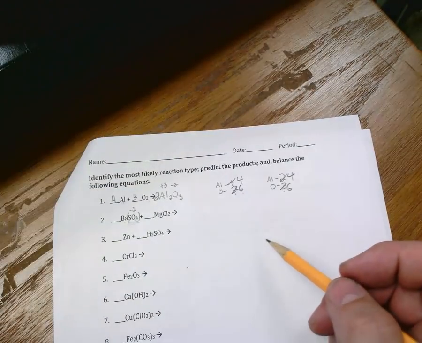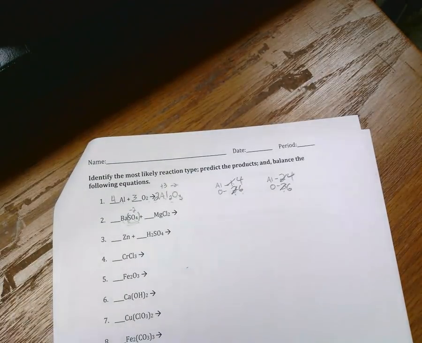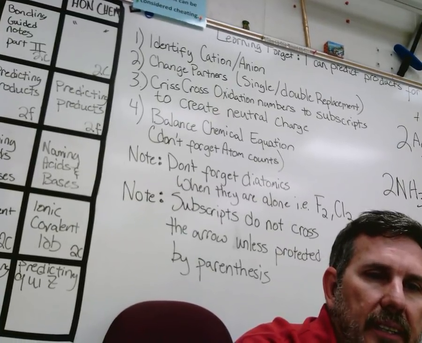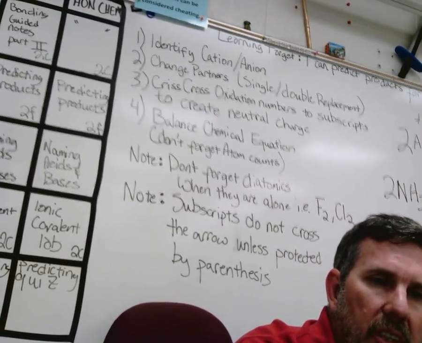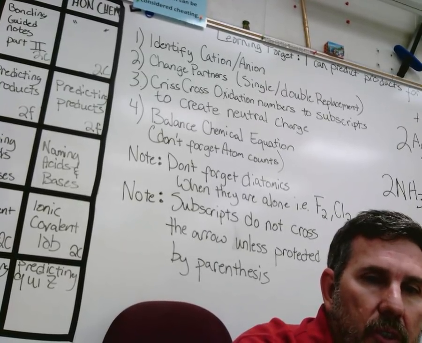Okay. So step 1, by the way, when I talk about step 1, what I mean is that right there. Step 1, identify cation and anion. Step 2, change partners. Step 3, crisscross oxidation numbers to subscripts to create neutral charge.